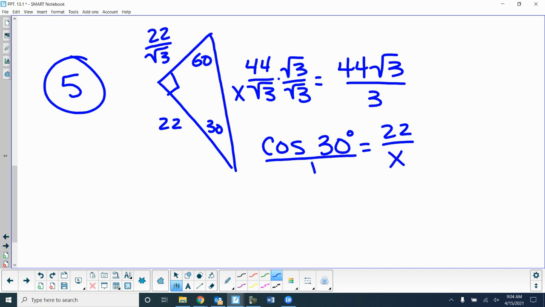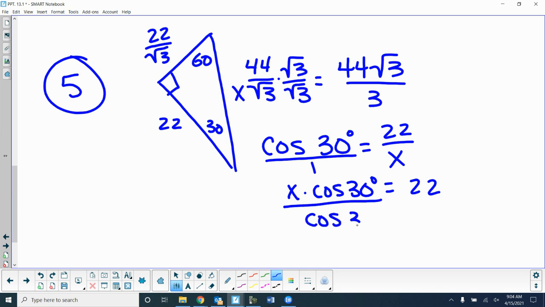When we turn it into a proportion, cross multiplying, x times the cosine of 30 equals 1 times 22, you end up going 22 divided by the cosine of 30 to solve for x.